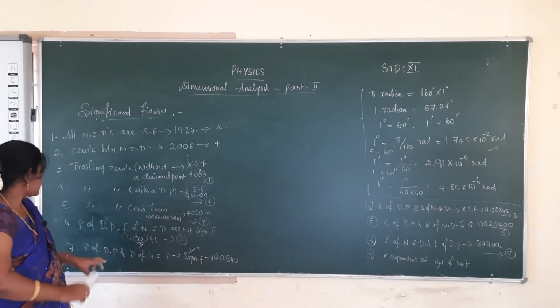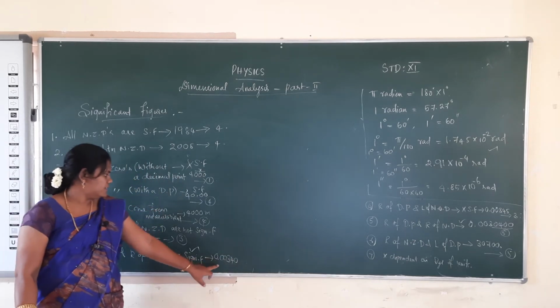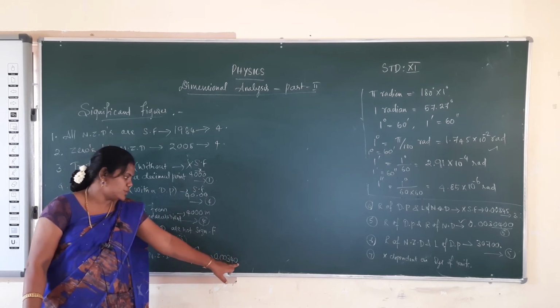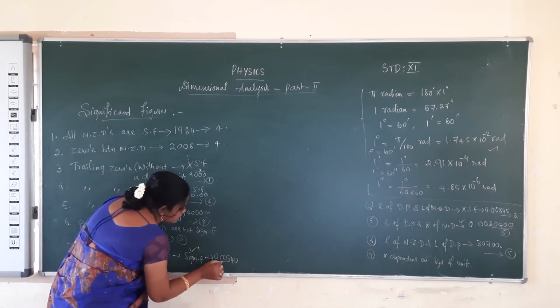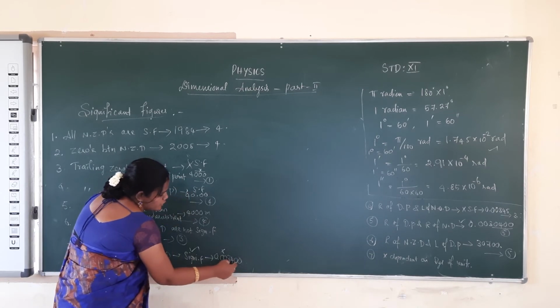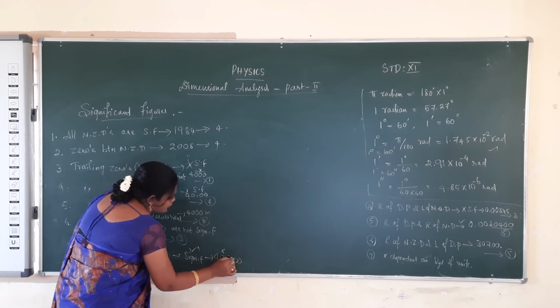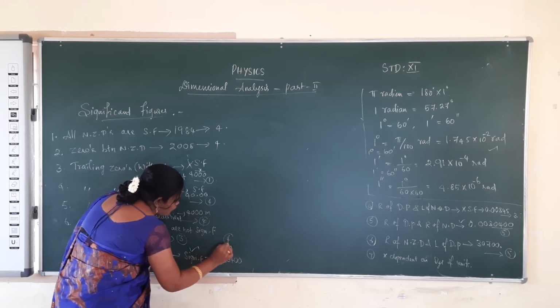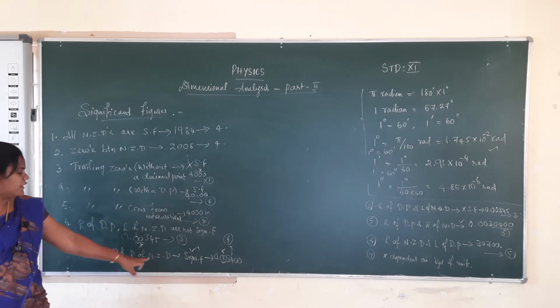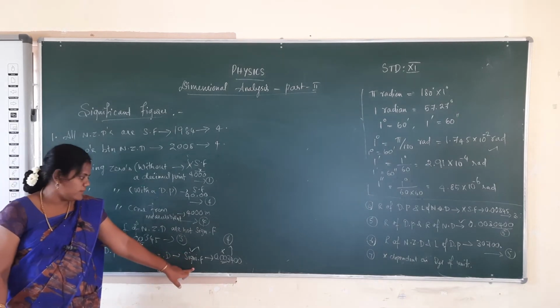Right of a decimal point, right of a non-zero digit. So the trailing zero is considered, so 3400 is considered as significant figures. So the number of significant figures is 4. So right of a decimal point and right of a non-zero digit is also considered as a significant figure.